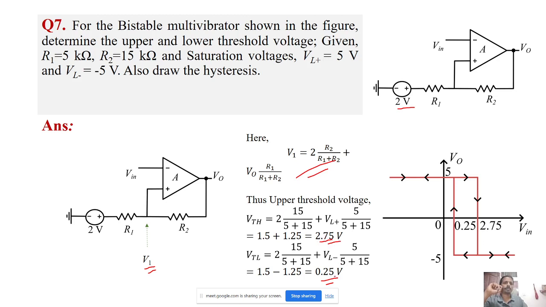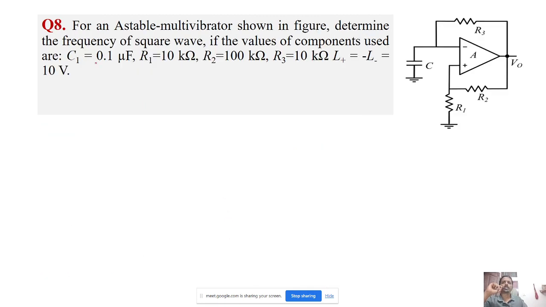So 11 by 4 and 1 by 4. And this is the hysteresis that we just discussed. The only thing is we just need to find the voltage at this node. That's it.